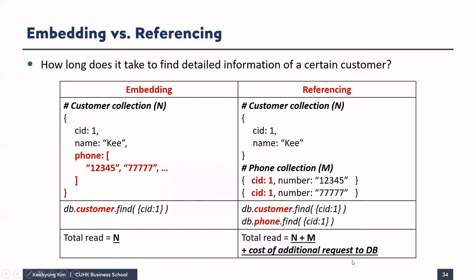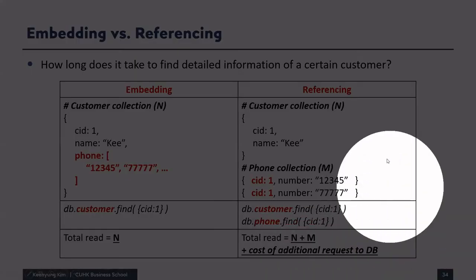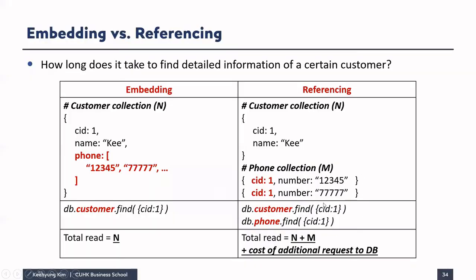If your system is huge, this additional trip to the database system will also have a huge cost. As a result, if you use the referencing approach, it will actually be slower than using a relational database. That's why simply utilizing a big data system does not help increase the speed of operation.